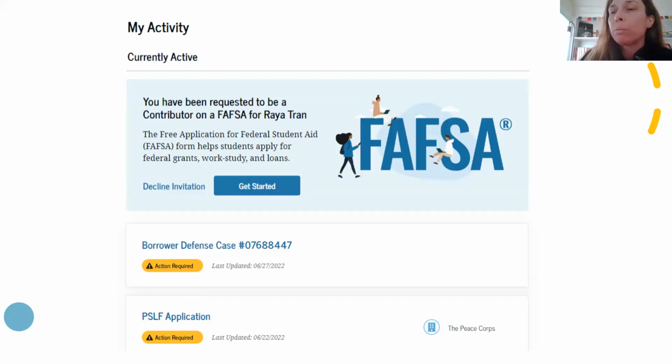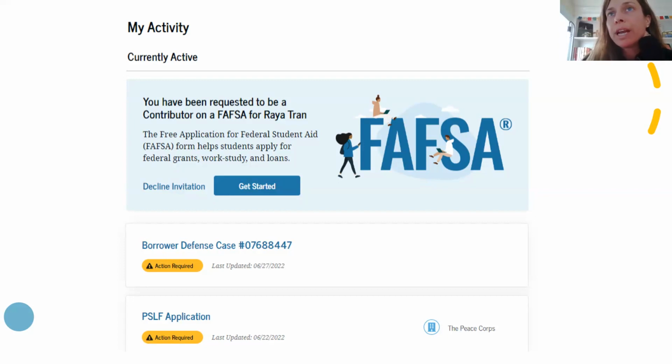So, does one parent cover car insurance or health insurance or a car note, some kind of larger expenses that might tip the scales toward one parent as being the parent who's primarily responsible for the student's financial support. That's the parent who goes on the FAFSA. If that parent is remarried, then the step parent is required.